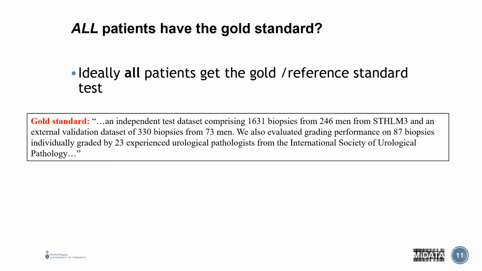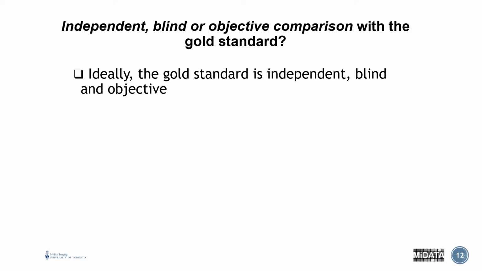And in this case, the data was labeled by the expert pathologist, which is considered the gold standard. Finally, when assessing the quality of the gold standard, be sure to check whether it's independent, blind, and objective.